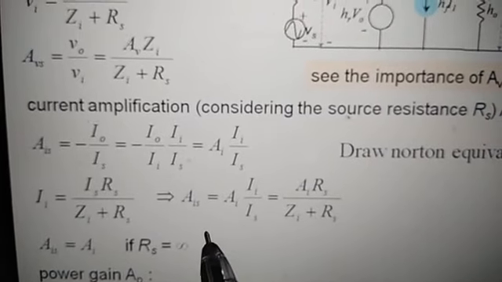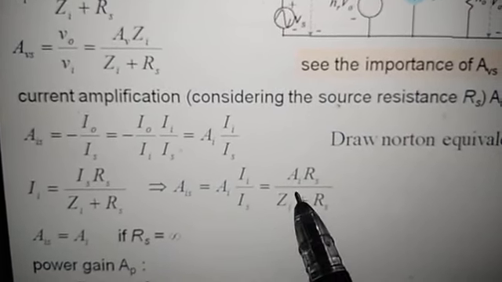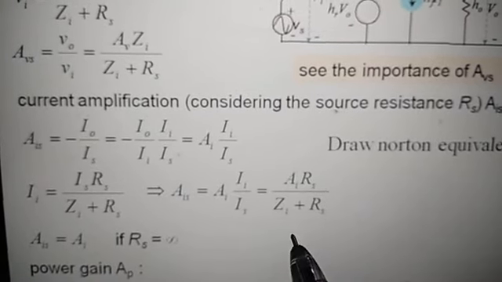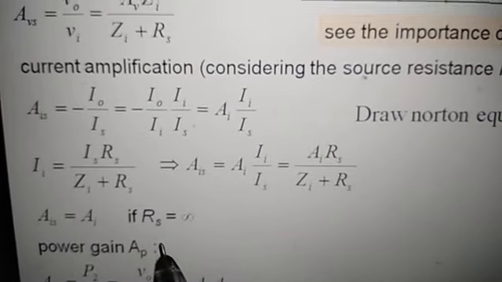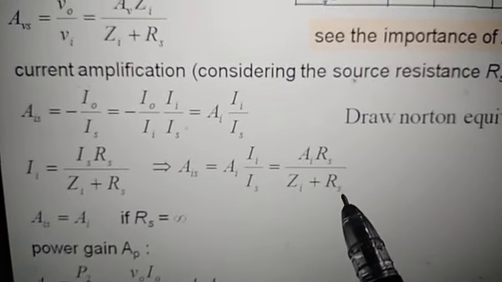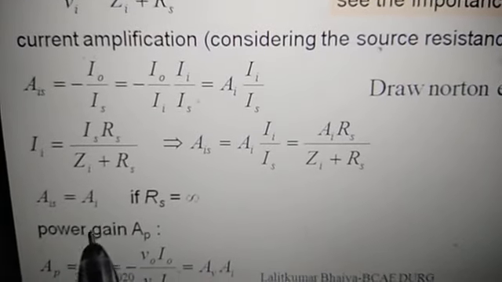So AIS is equal to AI into Rs upon Zi plus Rs. If Rs is infinite, then AIS becomes equal to AI.